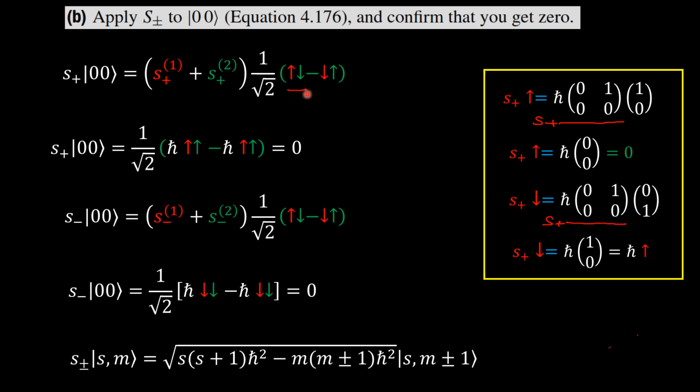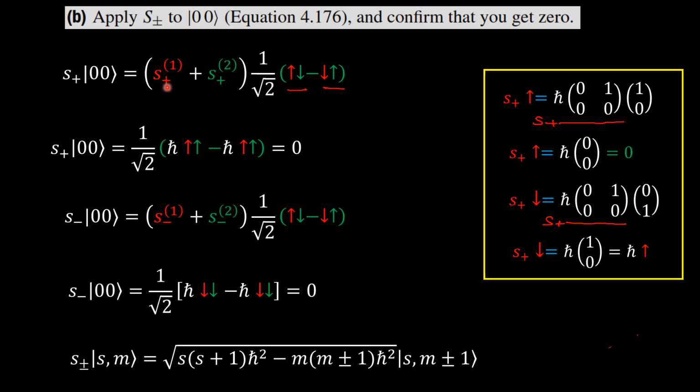What will happen if you use the second pair? Then the first one will go up. The second one, green color, if you take it, it is already in up state. It will become 0. So the up state, you have to take the up state, green color will become 0.